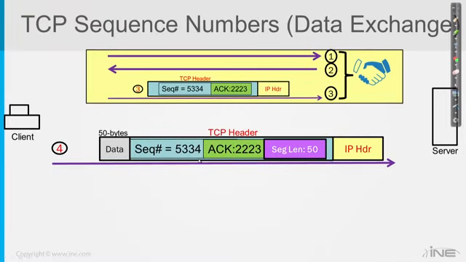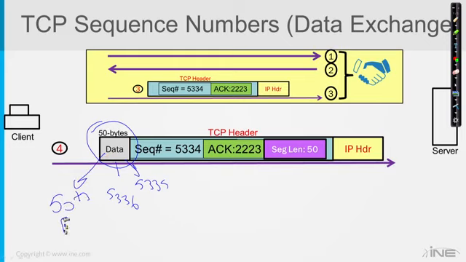So let's look at this one. A TCP segment's going up. It's 5334, but it contains 50 bytes of data. That means the first byte is going to be 5335, the second byte is going to be 5336. So if we go to the 50th byte, we're going to have 5334 plus 50.